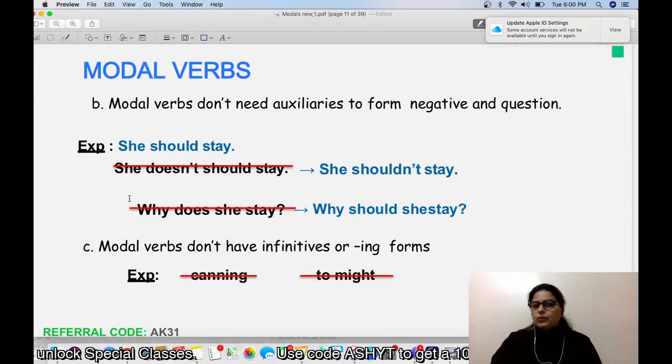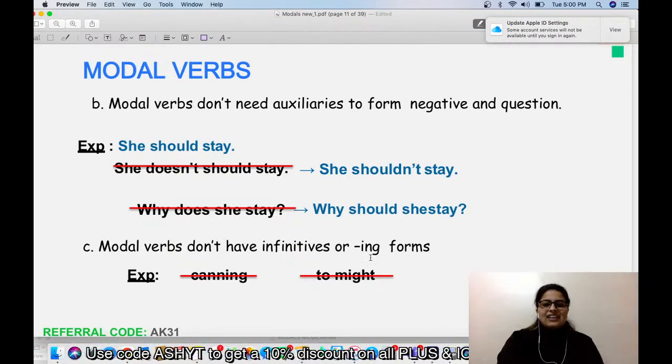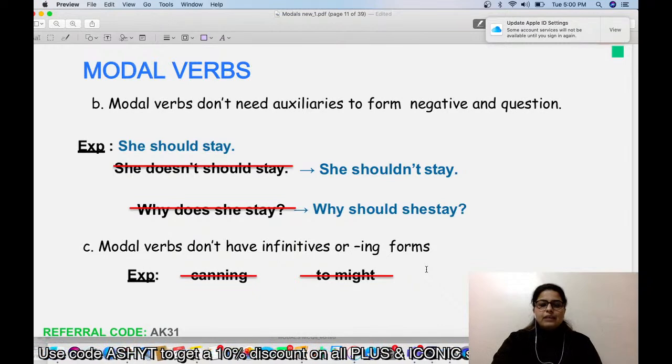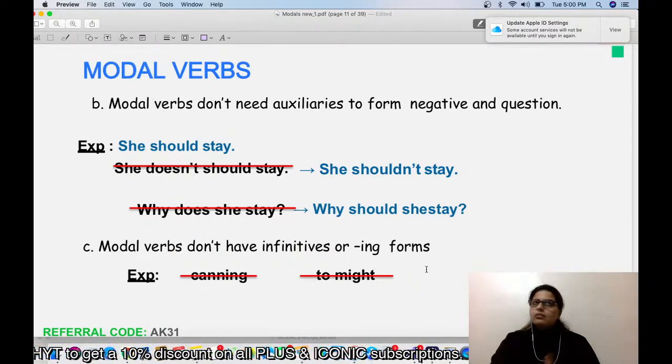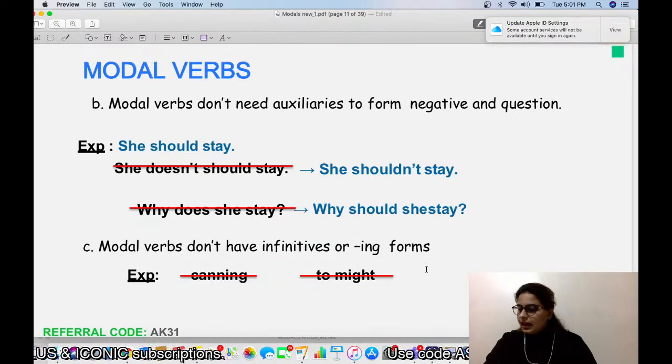We don't need this when we are using modal verbs. And on top of it, we cannot add the ing form to it. You don't have infinitives or ing forms here with modal verbs. You can't say mighting or musting or canning, and you can't have infinitives here. You can't say to might or to must or to can.